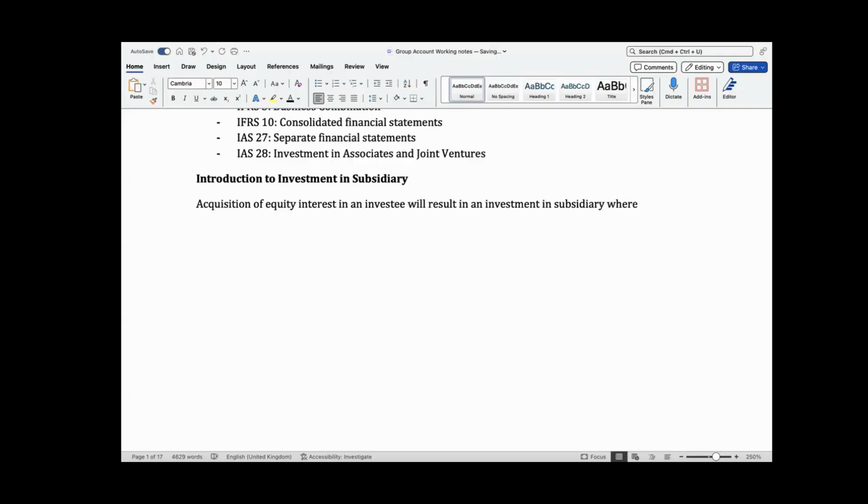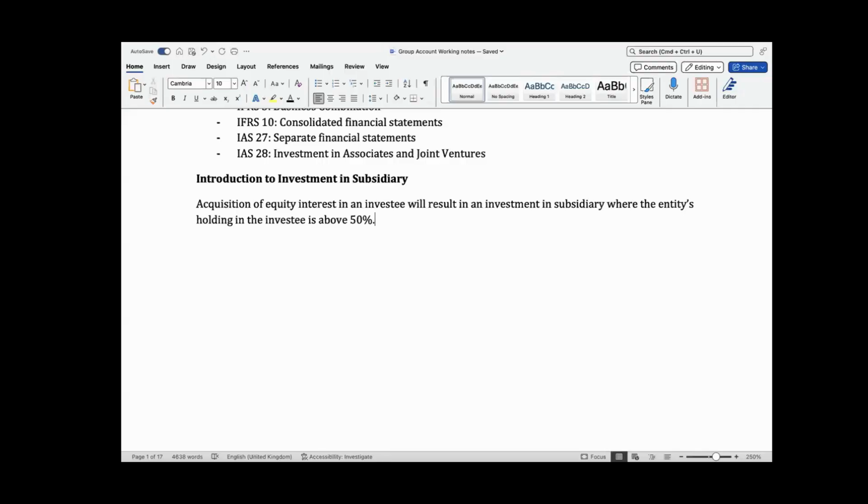where the entity's holding in the investee is above 50%. So when you are buying equity interests, meaning shares in another company, it will result in an investment in subsidiary where your holding in the investee is above 50%.